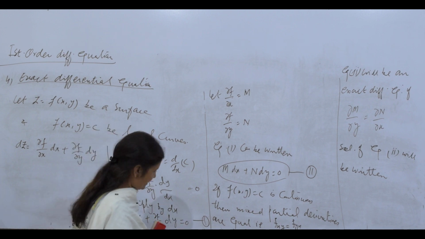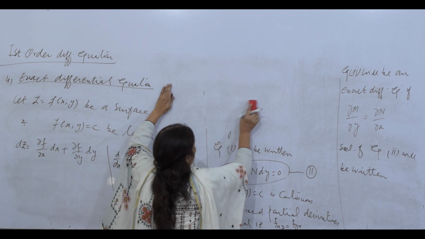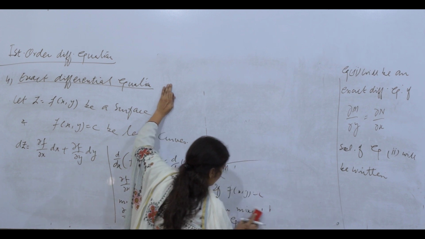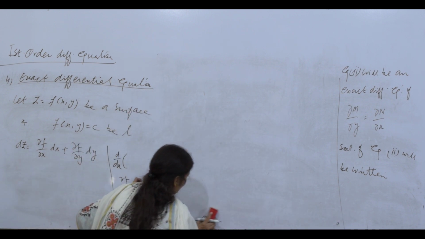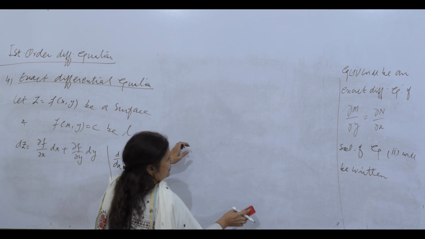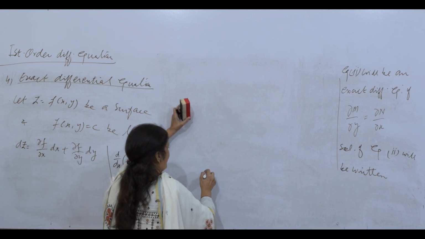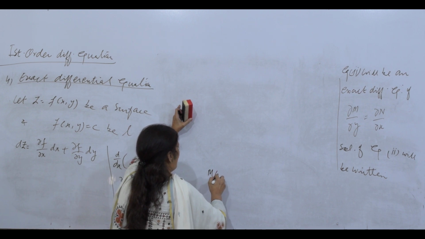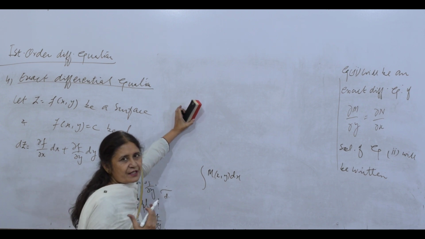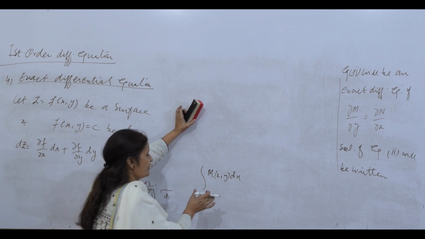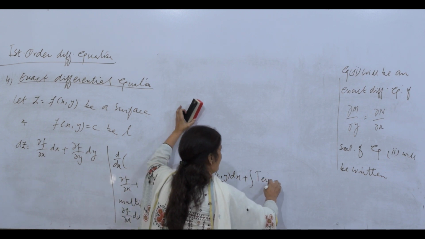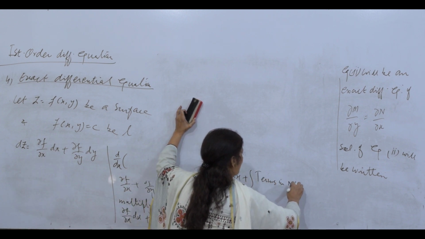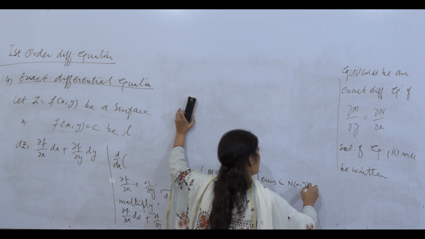The solution is written as integral of M dx, integrating M term by term with respect to x, plus terms in N independent of x.